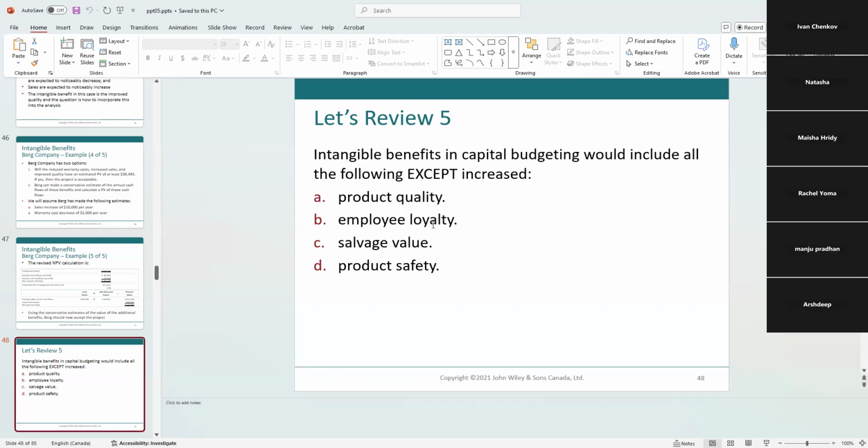Employee loyalty. Can you measure it? Yes, but is it a tangible or intangible benefit? More like intangible. Intangible benefits include all except which one? Product safety, is that tangible or intangible?